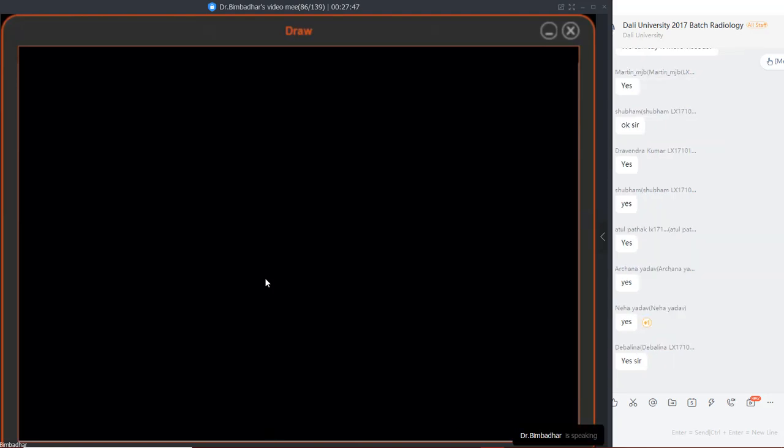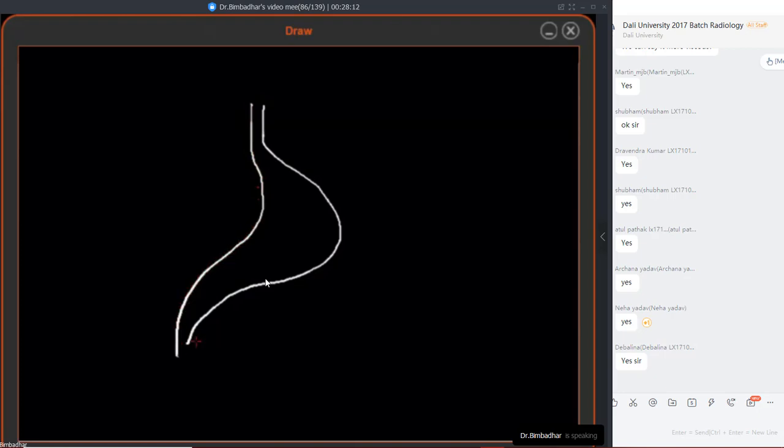Right. Let us say I have got an X-ray with me. Listen carefully when I tell you about this. Let us imagine I have got a stomach here. That is the greater curvature, and this is the lesser curvature, right? Let us imagine that I have given a barium contrast material.